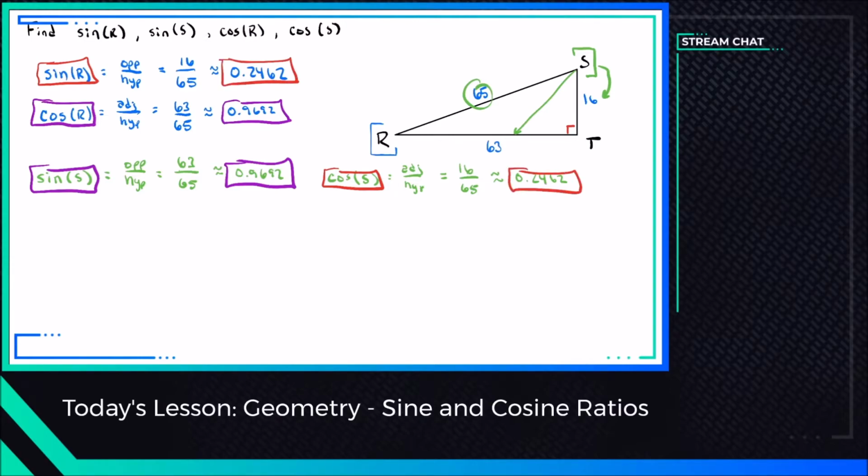So that's a fun fact about cosine and sine, notice that the sine of R is equal to the cosine of S, and the sine of S is equal to the cosine of R.